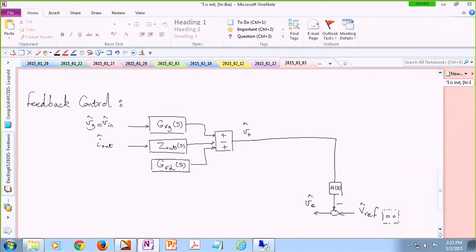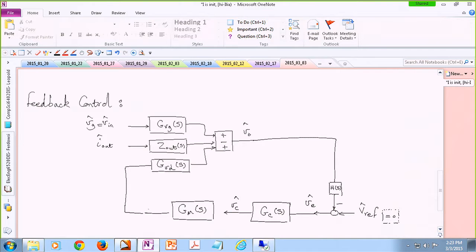So we get perturbations in the error. Then we have a compensation network. We get perturbations in the control signal or VC. And then our modulation block also has a transfer function associated with it. And the gate driver is not coming into the picture because it's just a power amplifier. It doesn't have a transfer function, basically.